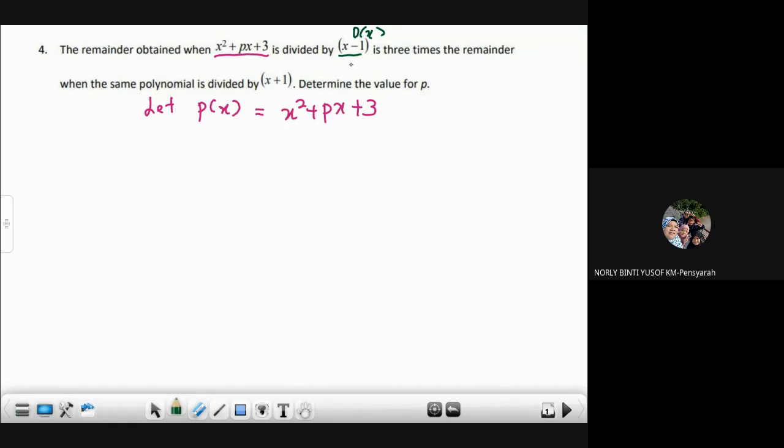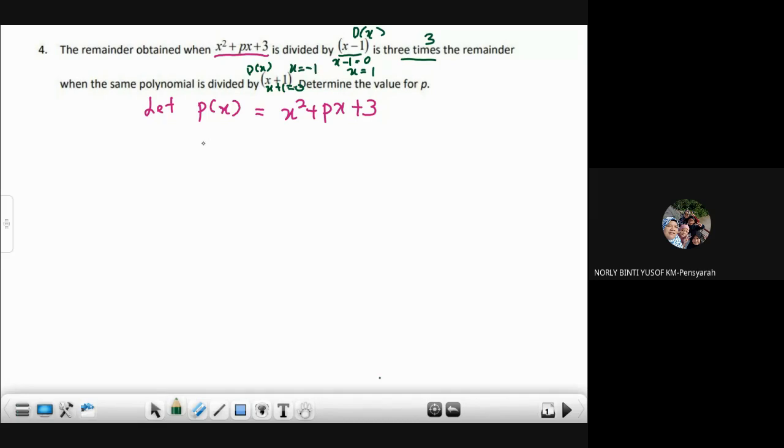Okay, so divisor dia x minus 1. So kita pakai remainder theorem. So 1 lah, because x minus 1 equals 0, x equals 1. Okay, so it says that 3 times, 3 kali lah, the remainder when the same polynomial is divided by x plus 1. Ni divisor yang kedua. So x plus 1 equals 0, so you akan dapat x equals negative 1.